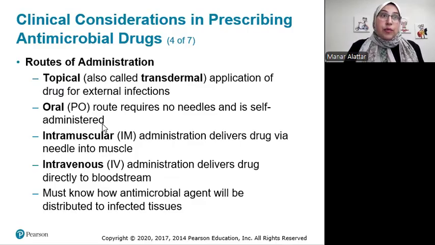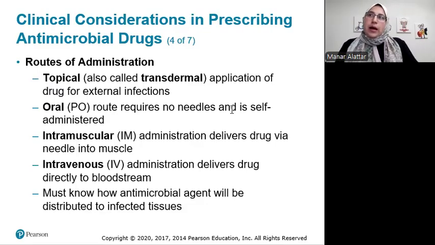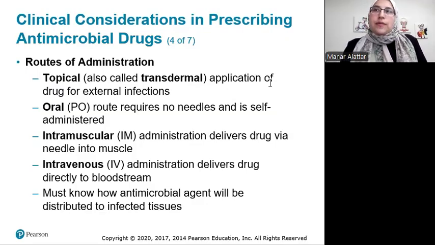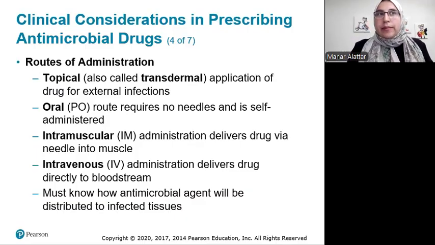How are these administered? Well, it just depends on the antibiotic and how it's stable both outside and inside of the body. You could have a topical administration, which is also called transdermal administration of a drug, like bacitracin, which is oftentimes administered on the surface of skin.